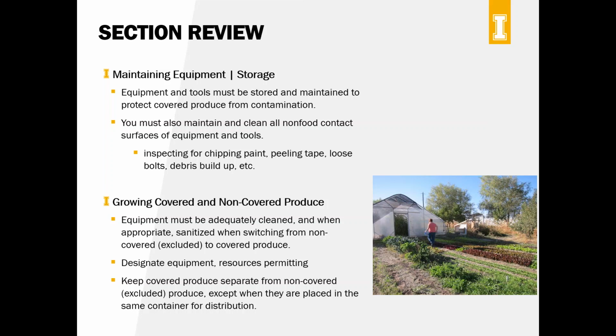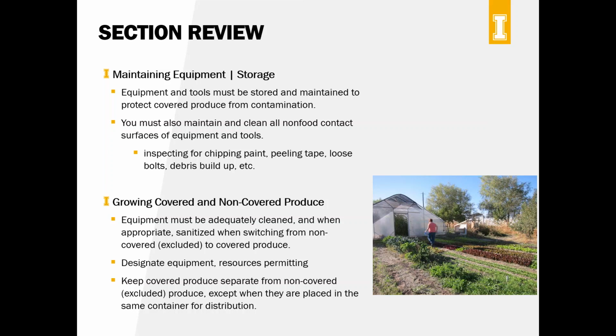So that extends beyond just making sure that things are sanitized, but also making sure that they're kept to an appropriate level of maintenance, I guess. Examples would be chipping paint, peeling tape, loose bolts, so things that can break and fall off and become a harborage point or become a physical contaminant in produce as well.